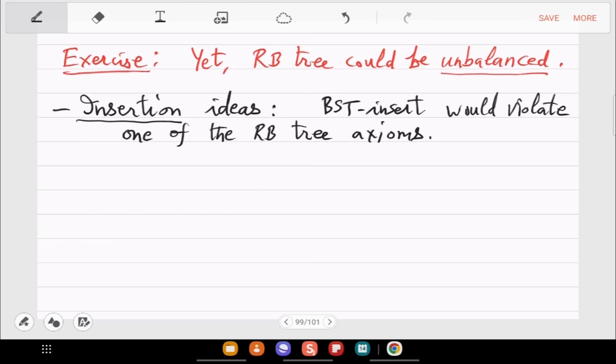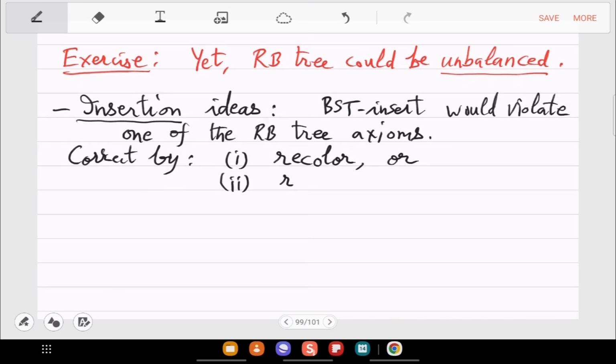So the correction will be either you recolor or you rotate. Okay, so recolor would mean that some nodes you may have to color red to black, black to red to preserve the axiom.